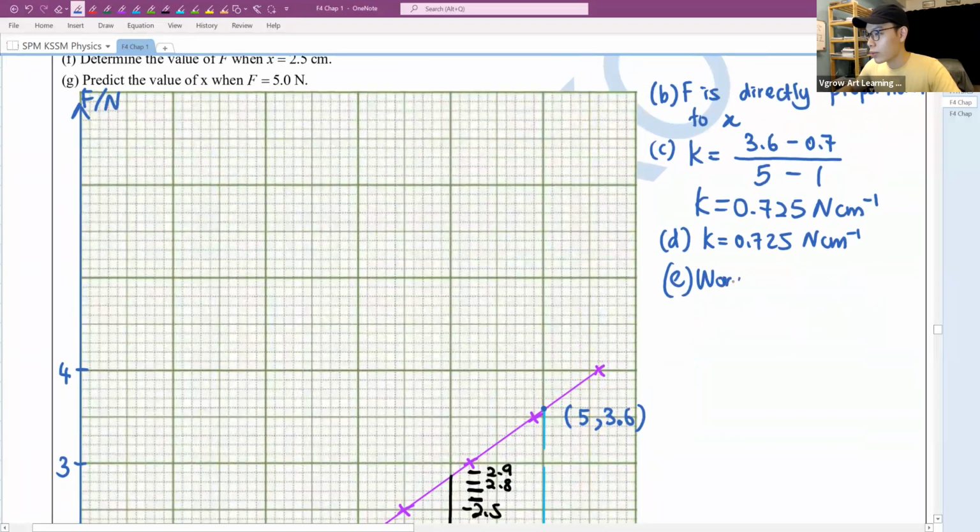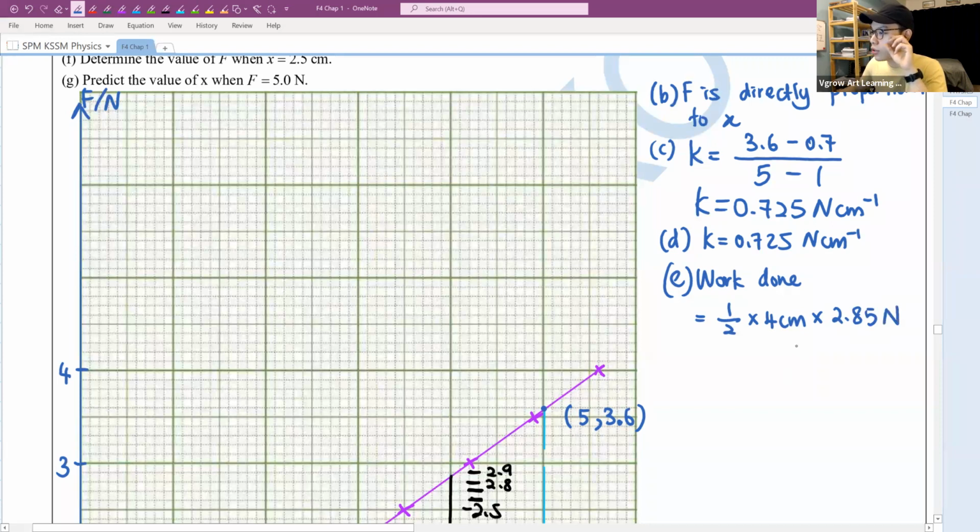They say the area is what? Work done. So we just write work done equals to triangle, 1/2. The base is 4 cm. The height, you write 2.9 if yours is 2.9. Mine is 2.85 in newtons.